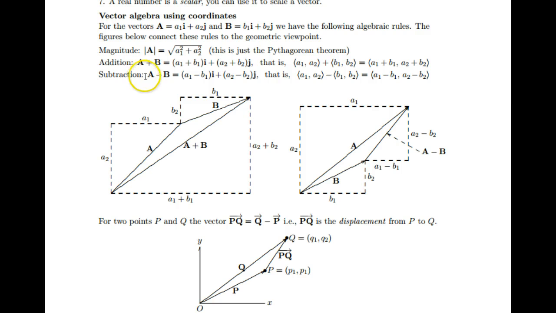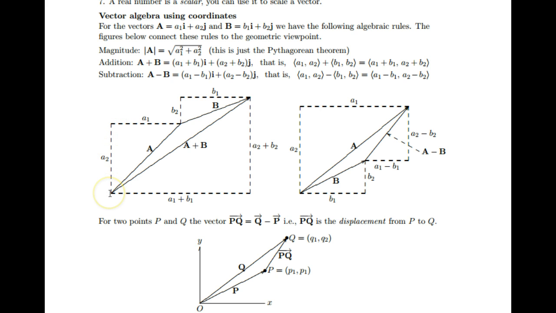We can do addition by just adding together the components. So again, we have A is equal to A1 i plus A2 j. So here's A1, right? So if this is vector A, the tail of vector A is here, and we go up, the head is up here. Okay, so we can add together these two vectors.